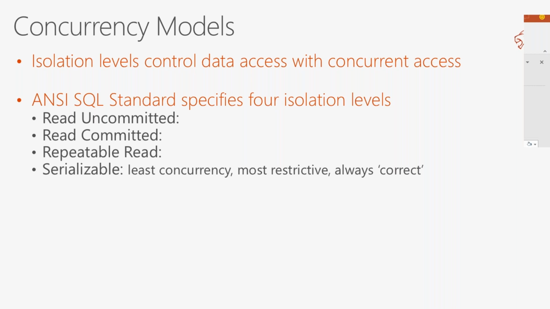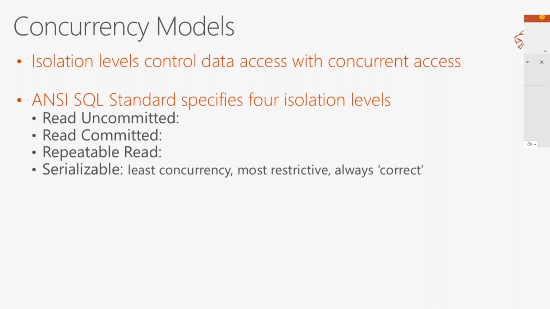SQL Server implements this isolation level, actually all isolation levels, using locks. In the read committed scenario, when you read, say, Sunil's balance or salary, it takes a read lock, and once it reads the value, it releases the read lock. It does not hold it. That means somebody else can come and modify that data.